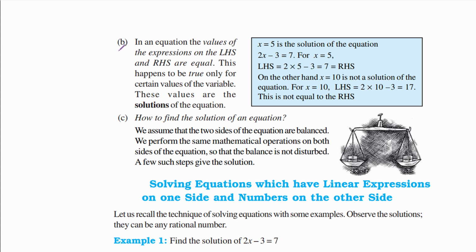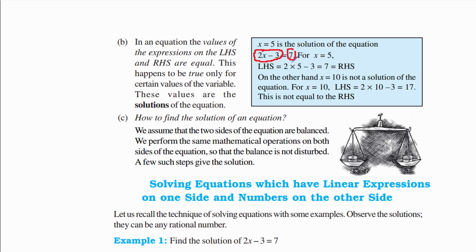Also, point B states that in an equation, the values of the expressions on the left hand side and RHS, that is right hand side, are equal. This happens to be true only for certain values of the variable. These values are the solution of the equation. So equality mainly defines that whatever is written on the left hand side is equal to the right hand side.